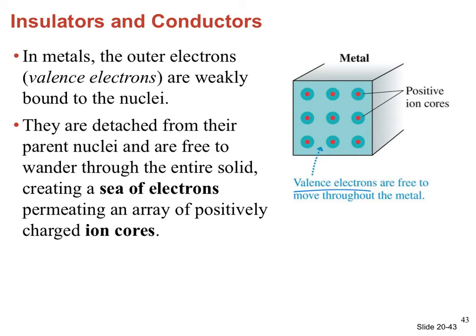Often we talk about a sea of electrons when we're talking about conductors or metals, and those can easily be detached from their parent nuclei or from whatever they're supposed to be bound to, and they can easily be shared. So if we have a ton of negative charges kind of floating around, that is what we call a sea of electrons.